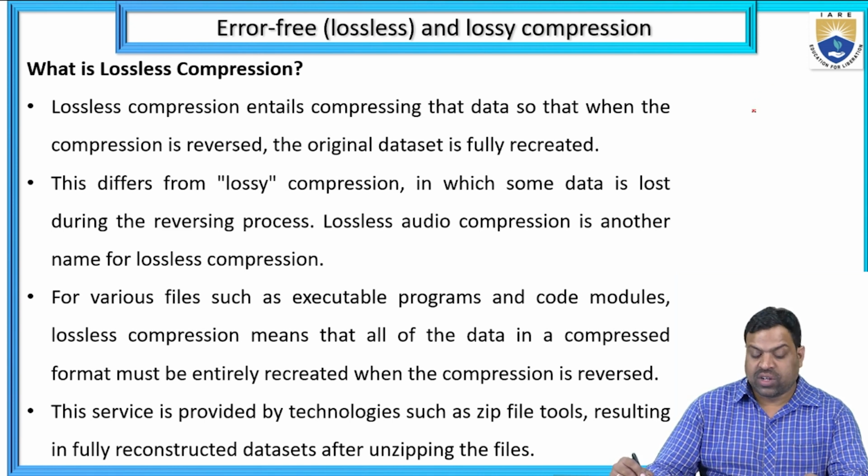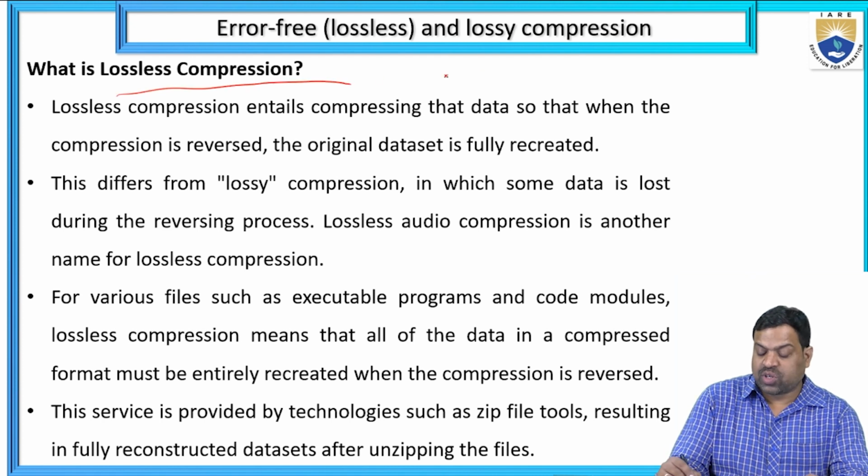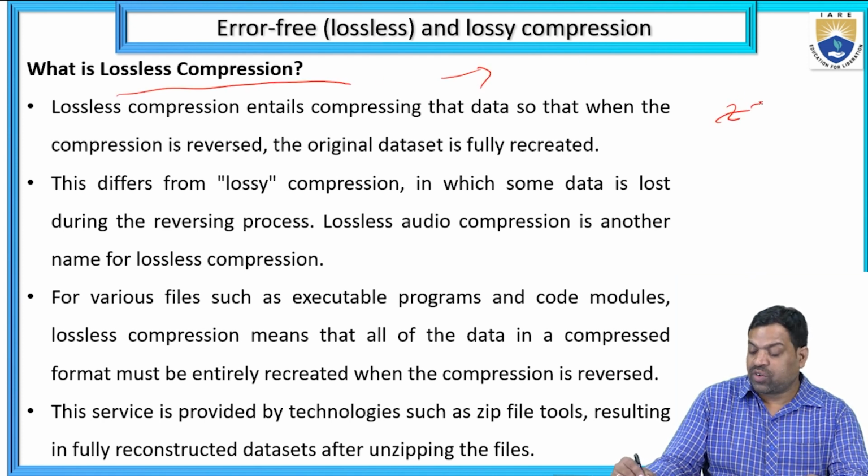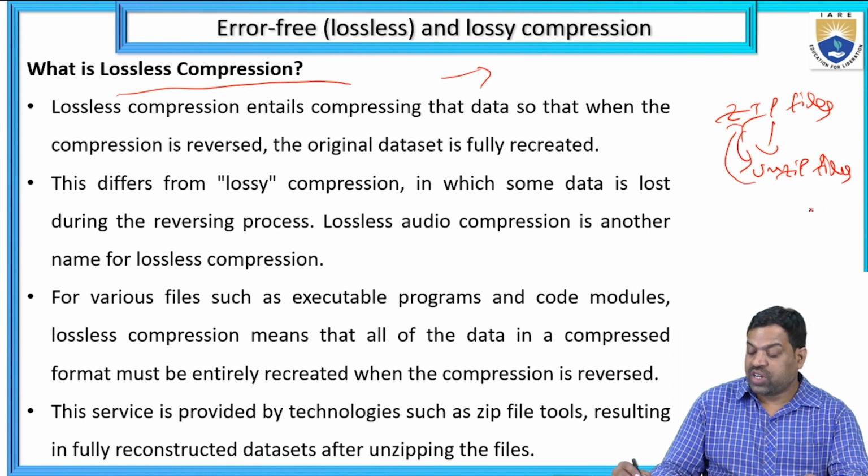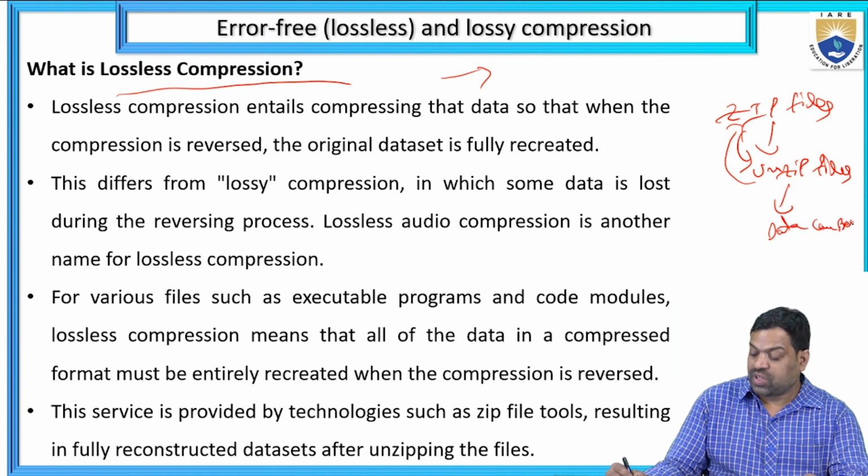So when we go for lossless compression, we go for zip files, and after that we go for unzipping the files. Unzipping converts the zip files back. Why? Because there is data compression, but no data loss.